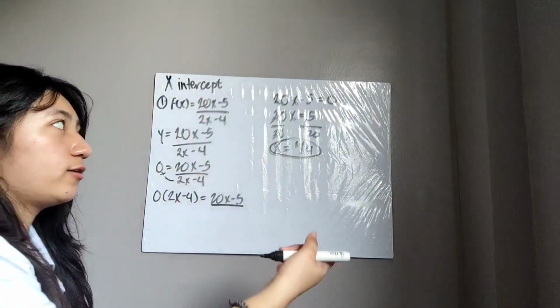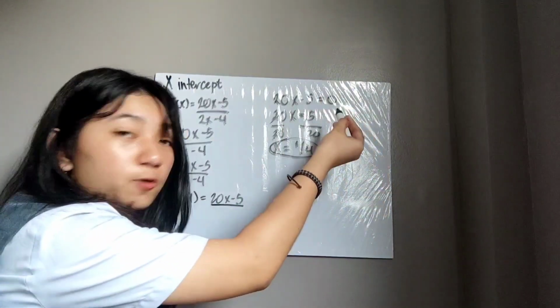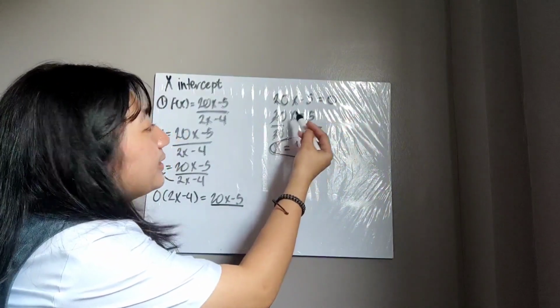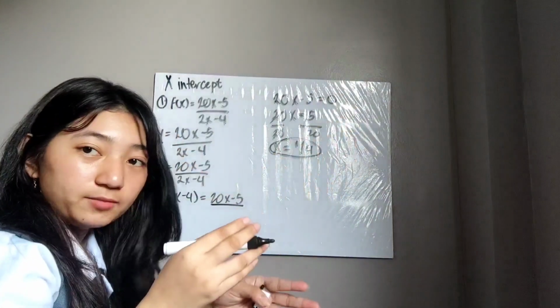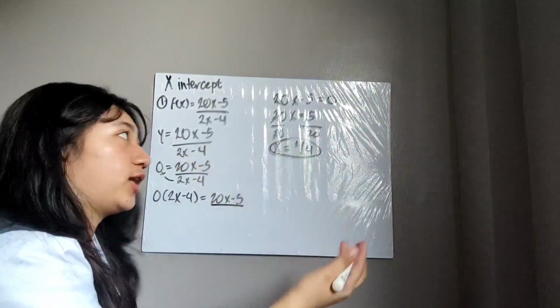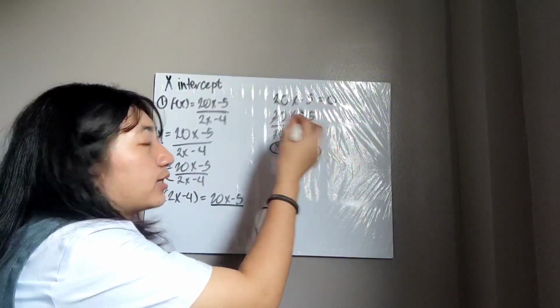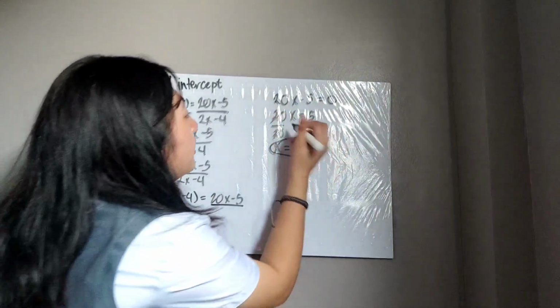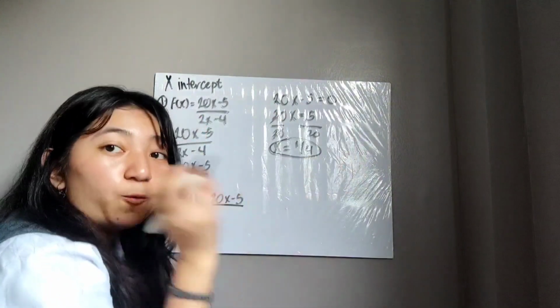Kunin natin yung x. So, 20x minus 5 is equal to 0, and 20x is equal to 5. Pag nilipat, iba ang sign, magiging positive siya kasi negative siya. So, cancel 20, matira si x. 5 over 20, and x natin is 1/4.